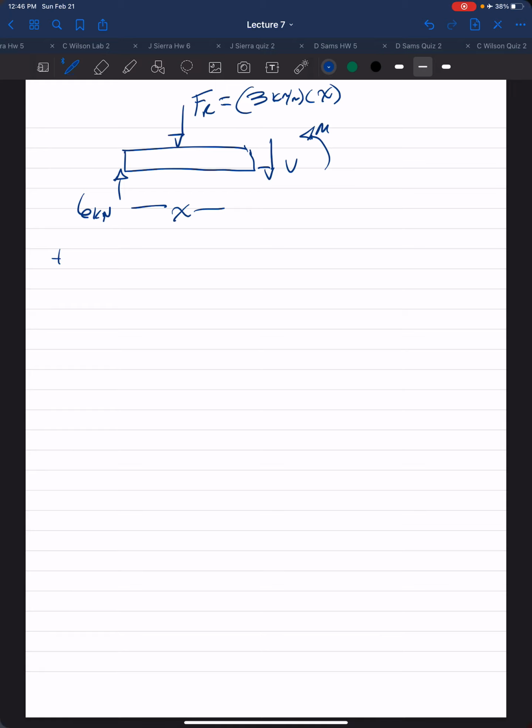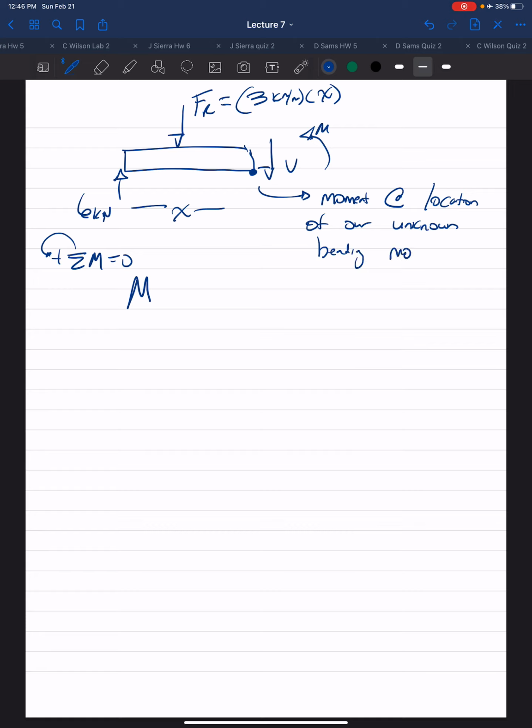So for our moment, so that we take into account our bending moment M, we'll take the moment as a general statement at the location of our unknown bending moment M. So at that point here, our moment, counterclockwise rotation is positive.